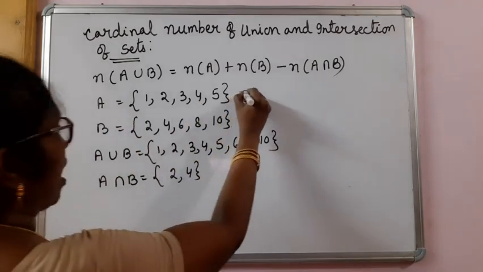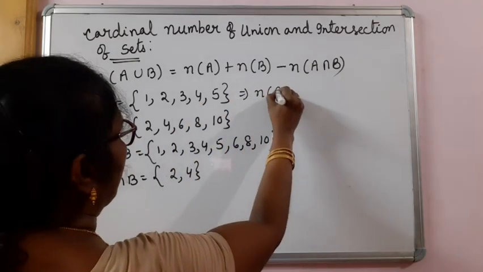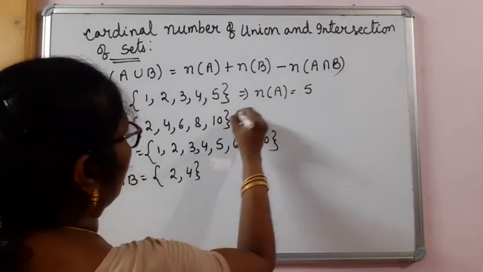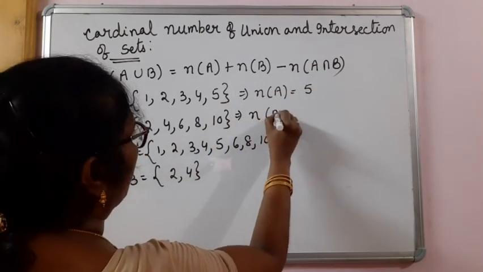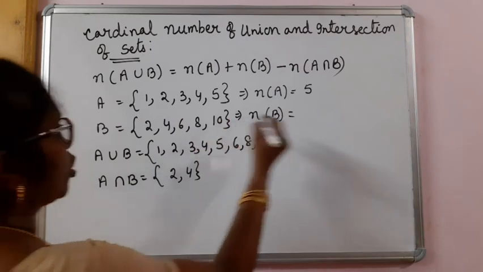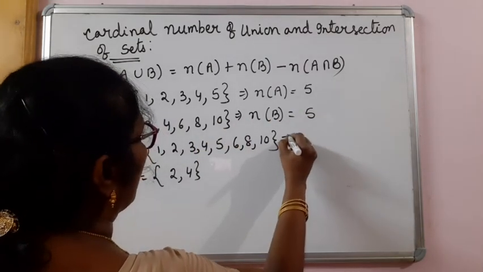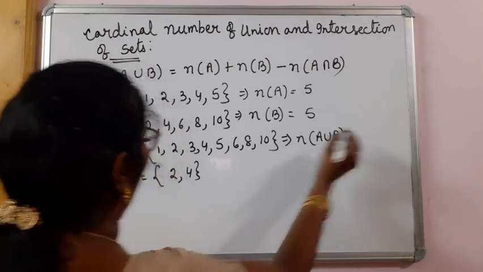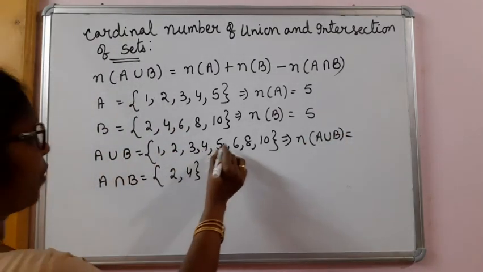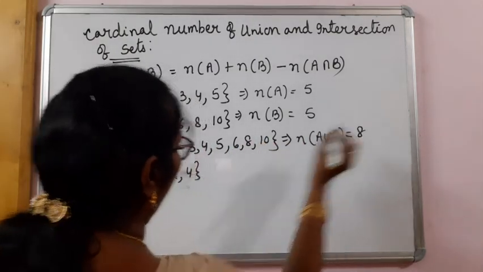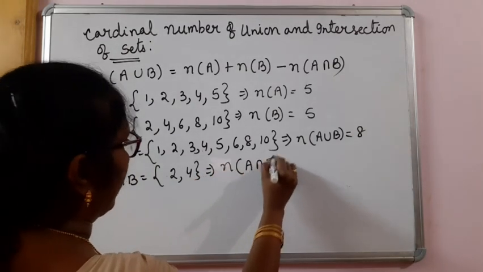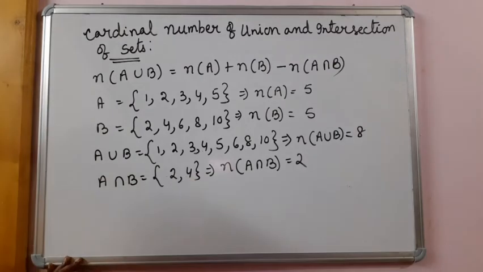Now let us find the number of elements. Cardinal number of A is 5. Cardinal number of B is also 5. Cardinal number of A union B is 8. And cardinal number of A intersection B is 2.